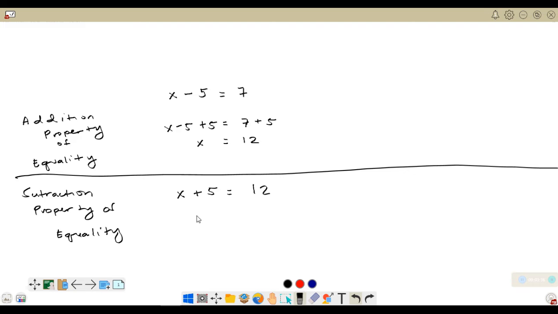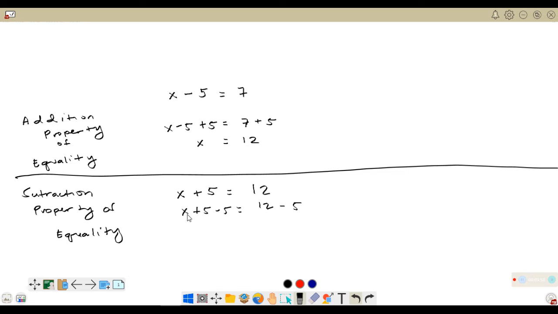Ganyan naman. So, the subtraction property of equality states that in order for us to make this 0, the number that we want to eliminate, we have to subtract 5 from both sides. And if you subtract a certain number from both sides of the equation, you will still end up with the original equation.